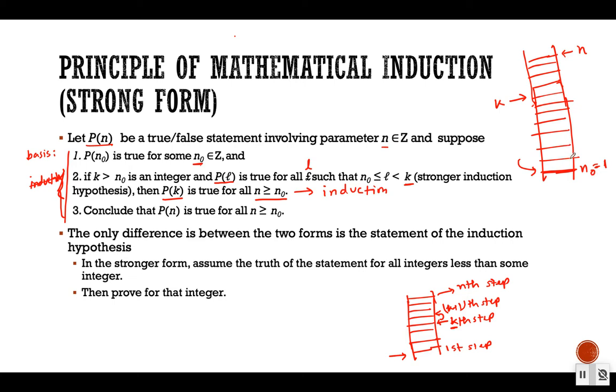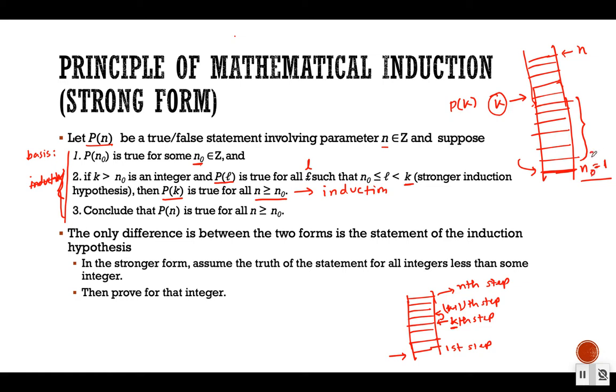In the strong form, we have to first prove that we can take the first step. Then we have to prove that for any value k, P(k) will be true if we can take any step between n naught and k.